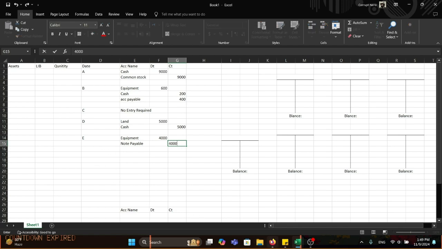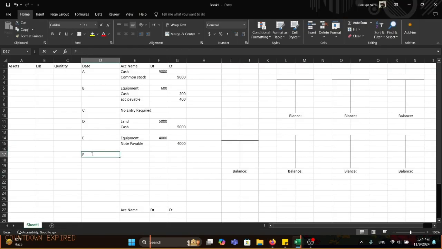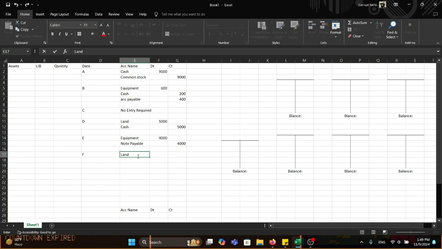Now we're gonna go to F. Sold for 1,250 1 acre of land to the city for a park and accepted a note from the city indicating payment will be received by GGC in 6 months. So, as you can see, they wrote a note for us, and we sold 1,250 of our land to them. So what is this gonna be? It's gonna be F account, no. So land, we lost the land.